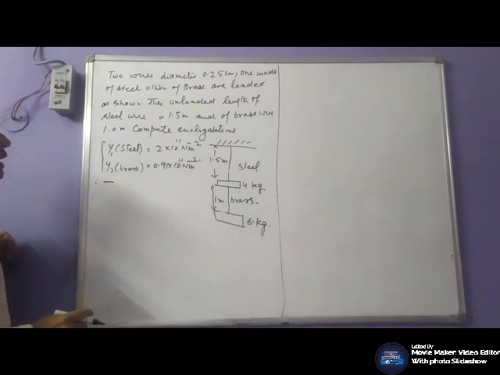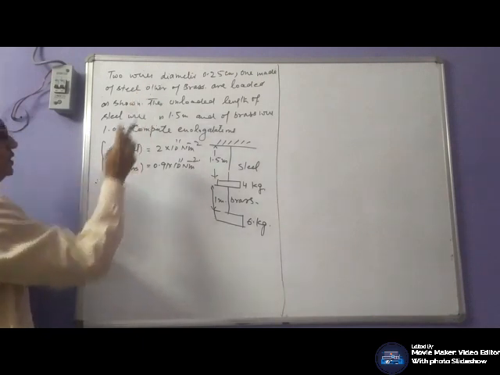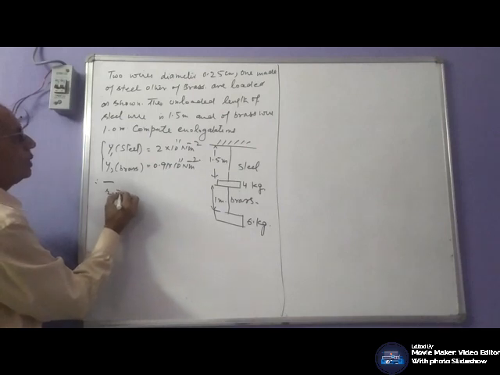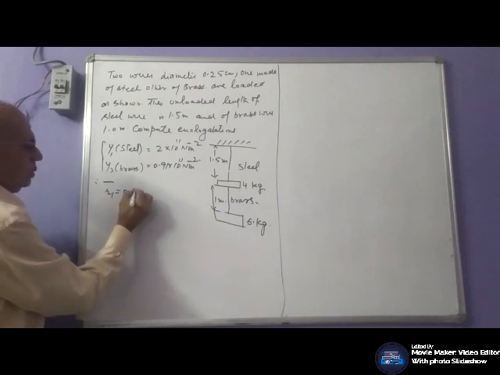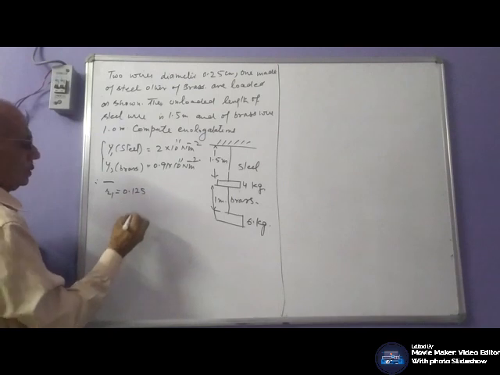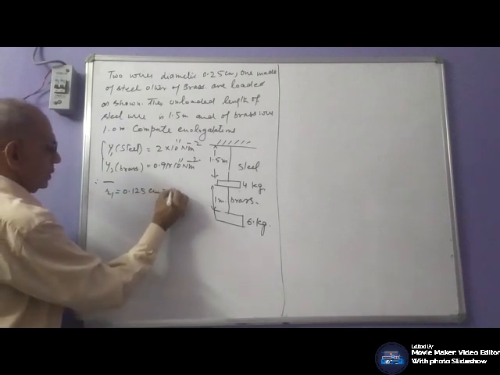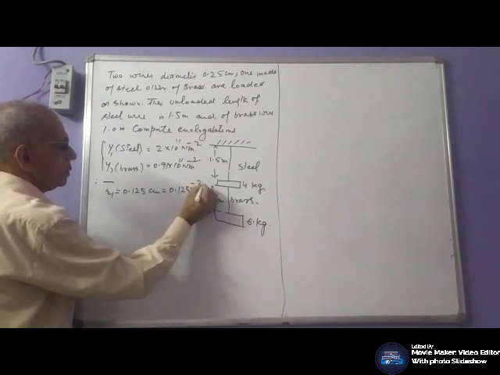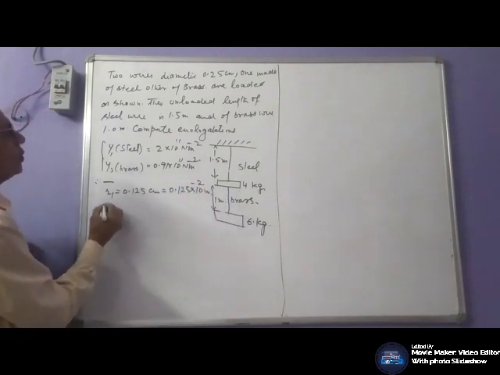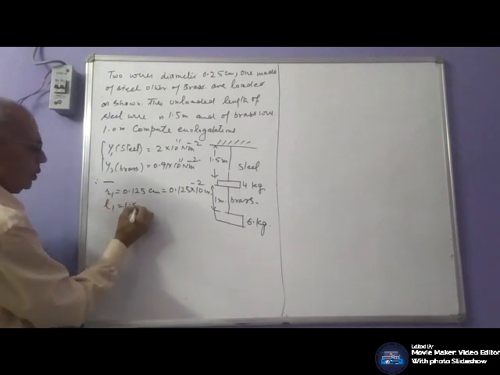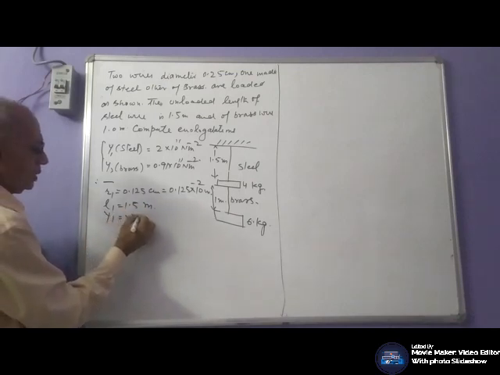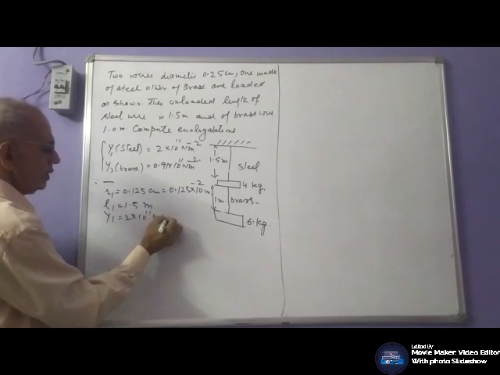Two wires have diameter this, so R1 is 1.25 centimeter in meter, L1 is 1.5 meter, Y1 is 210 × 10^11 Newton per meter square.